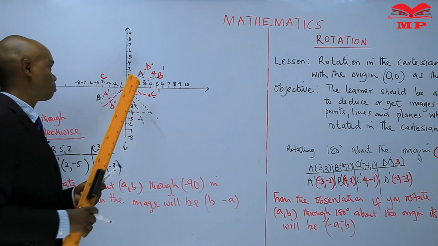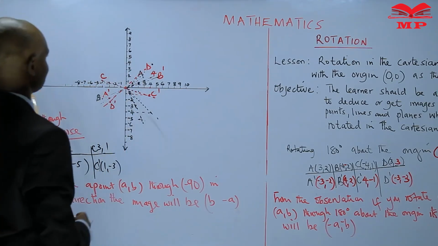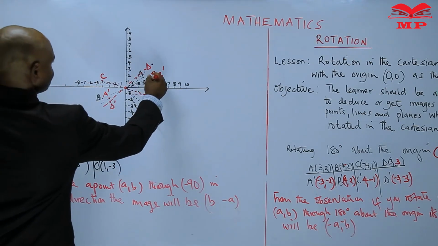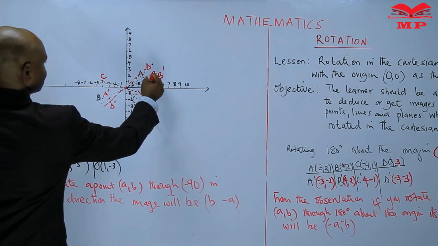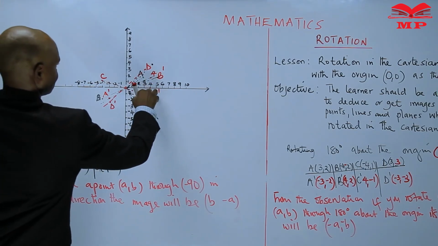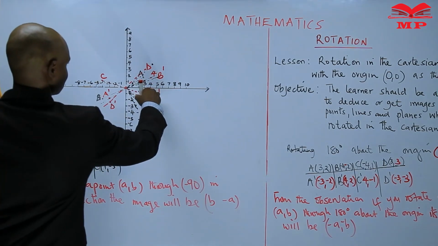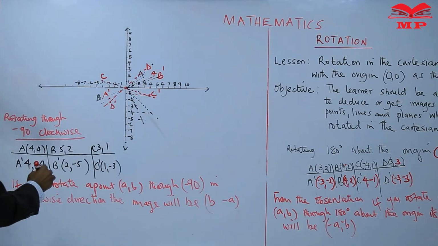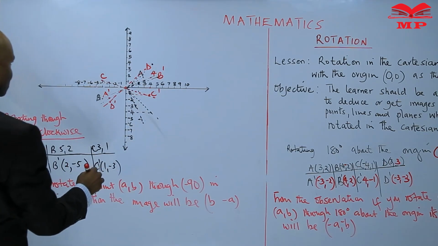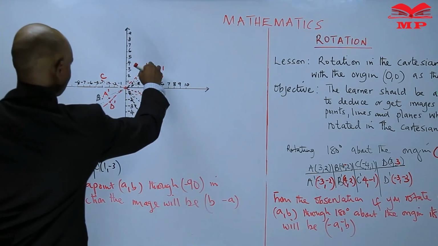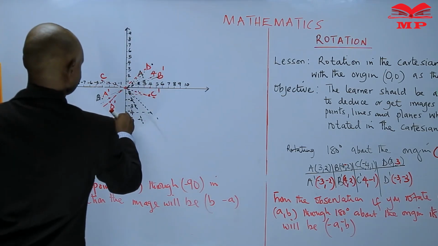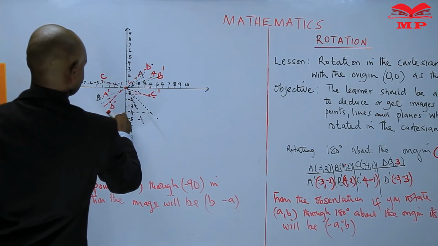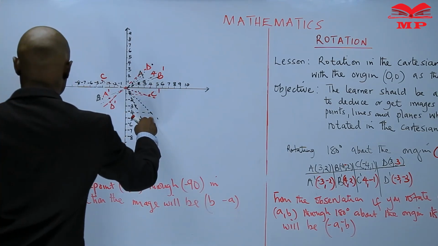Like here, when we had -4, 4, it came to 4, -4.